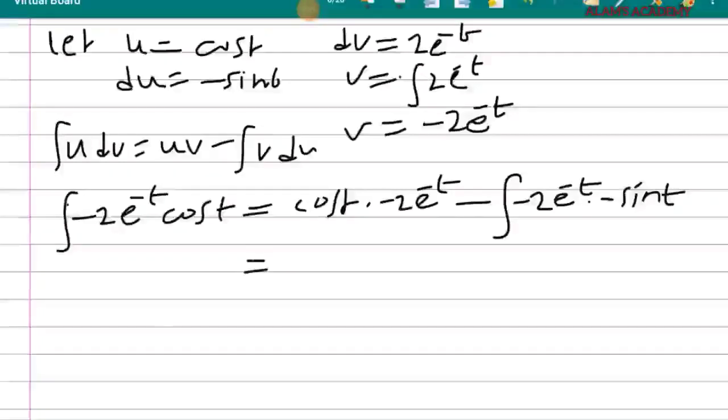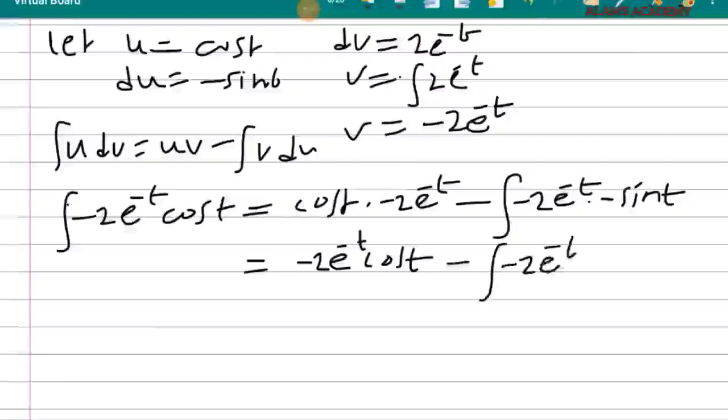This gives me, I want to rewrite this as negative 2 e exponent negative t cos t minus the integral of negative 2 e exponent negative t sine t. So let's say this becomes positive. Alright, so we continue substituting this. So let's say this is equation 2. We want to substitute this inside the first equation.